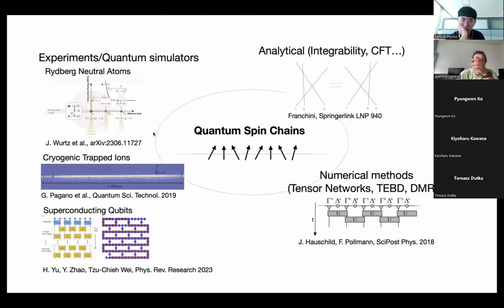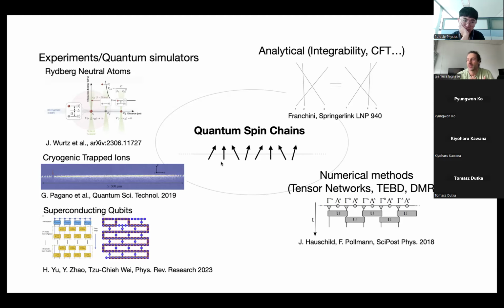And now there are many possible experimental setups that can realize, up to a certain accuracy, the dynamics of quantum spin models. These experimental devices are also possible candidates for quantum computers, because quantum spin chains are a natural counterpart of these quantum devices.